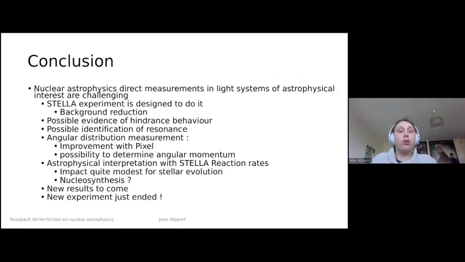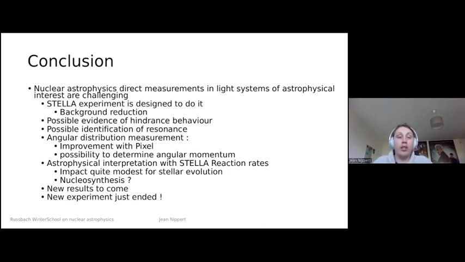So just to conclude, nuclear astrophysics direct measurements in light systems of astrophysical interest are really challenging, and basically with STELLA we can measure that pretty well, and mainly through background reduction. We have a possible evidence of hindrance behavior with a resonance.